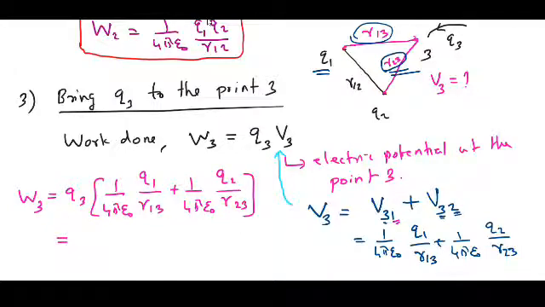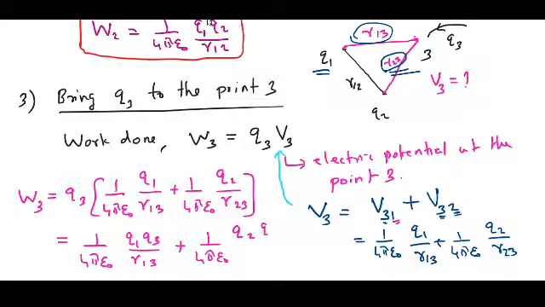Or if I open the bracket, this will be 1 by 4 pi epsilon 0 Q1 Q3 divided by R13 plus 1 by 4 pi epsilon 0 Q2 Q3 divided by R23.